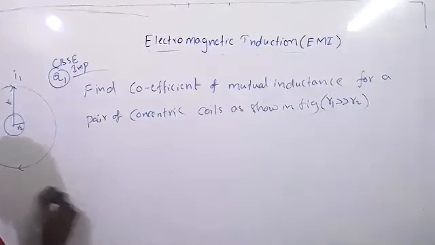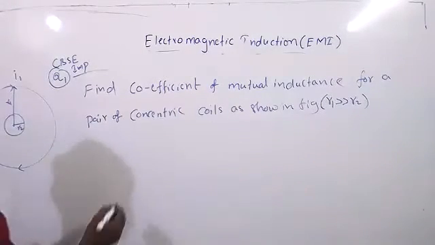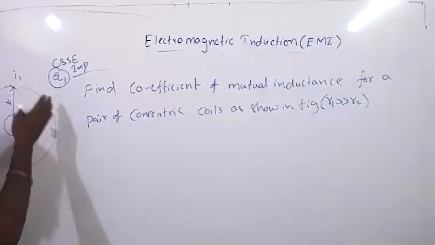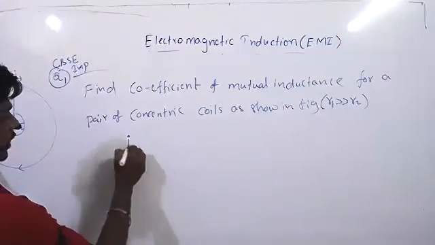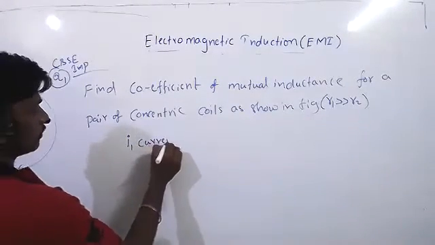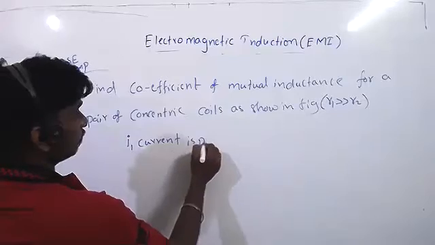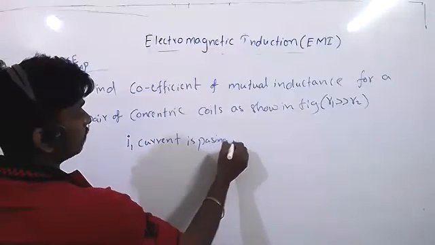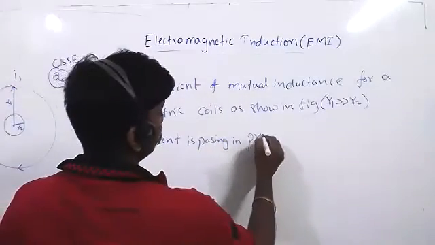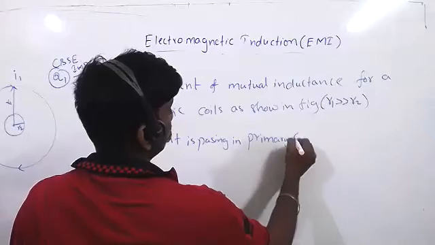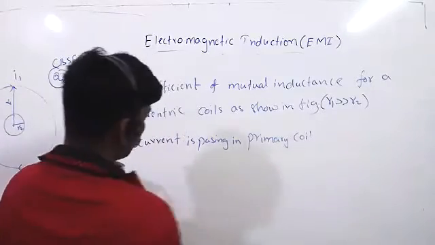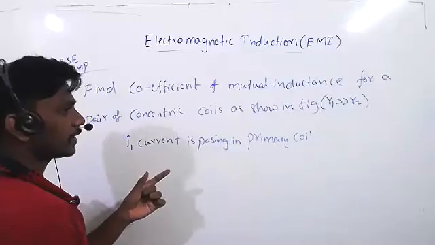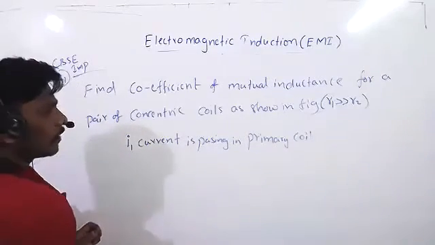Now see, current I1 is passing in the primary coil. So due to this current, what will happen at the center of the coil?